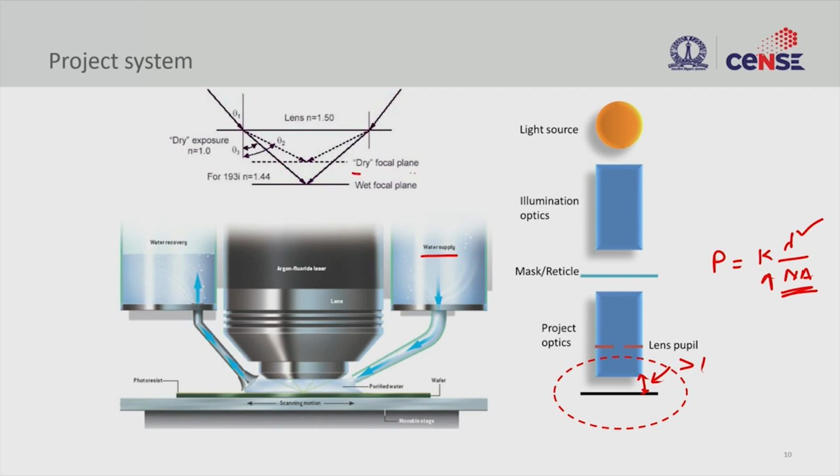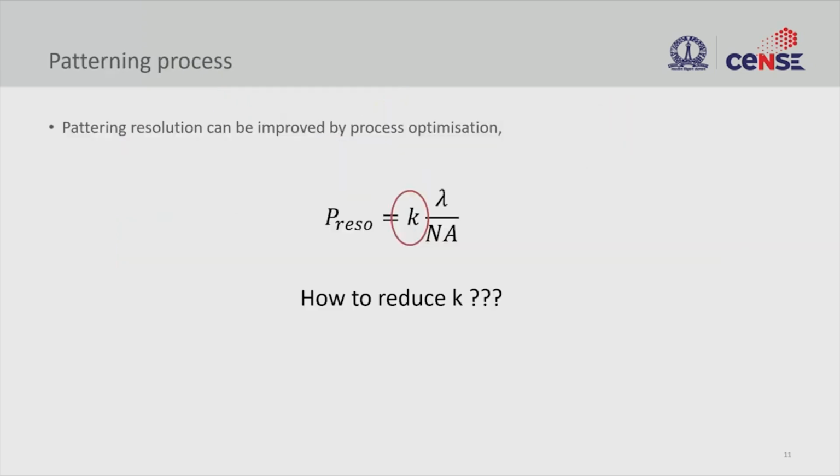Here the focal plane will change in the presence of a fluid, but that is something you have to take care of when you are optimizing the image. The other important thing is the angle. The angle also gets better, so instead of a shallow angle, you get a deeper angle so that you can image them better. So this is a change in the projection system.